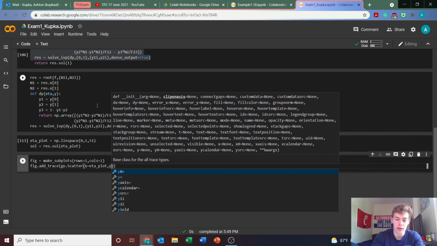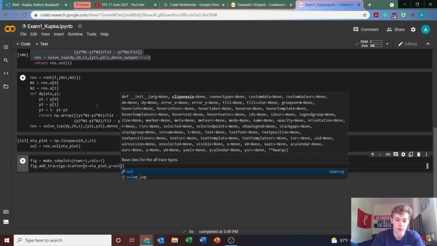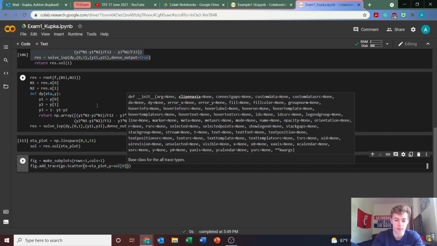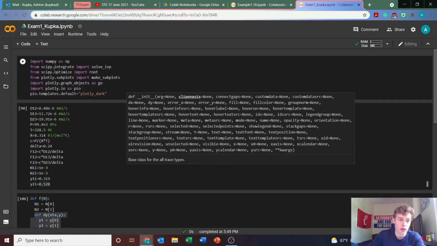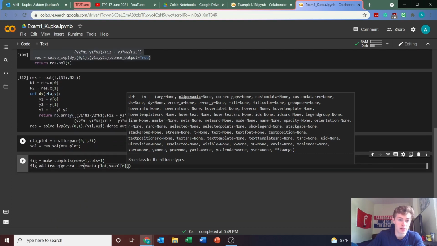And then our y is going to be equal to our solution, and it's going to be our 0 component, because if you remember from up here we have our sol, our solution equals res.solve of eta_plot, and eta_plot is numpy's linspace, which is basically just giving us 50 data points that we're going to collect.